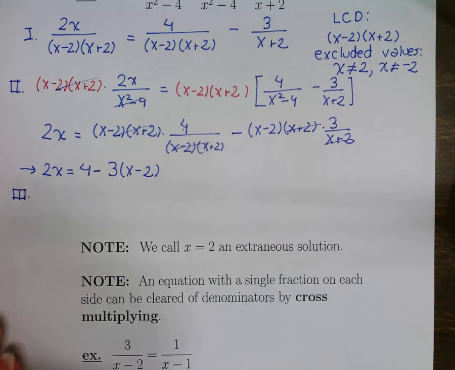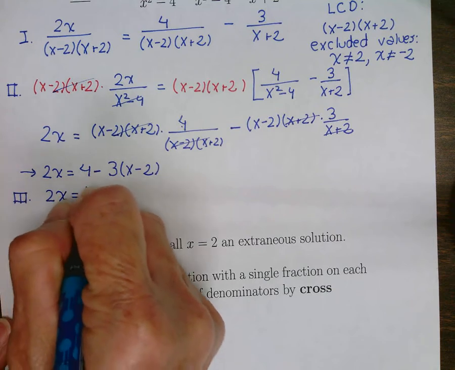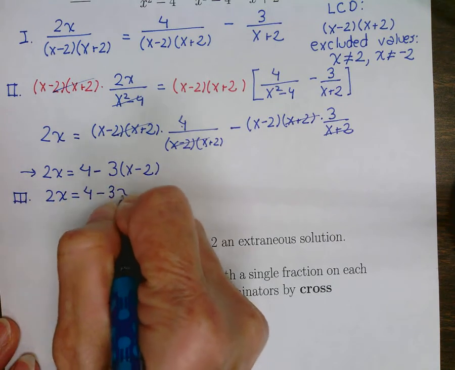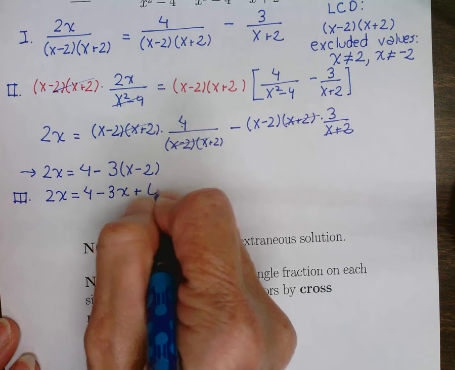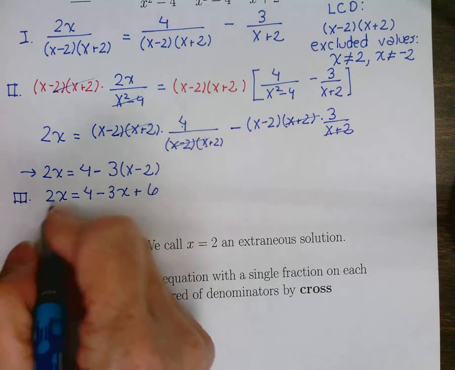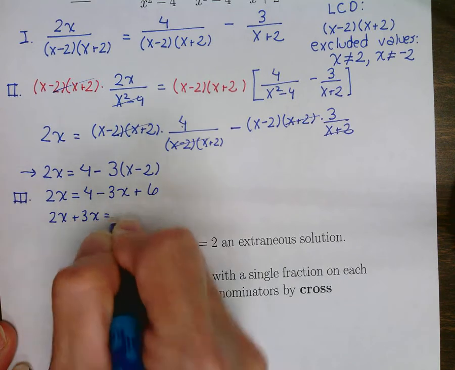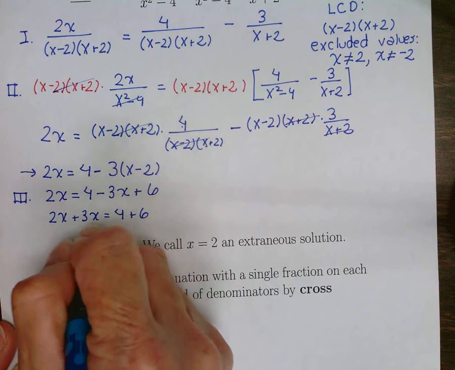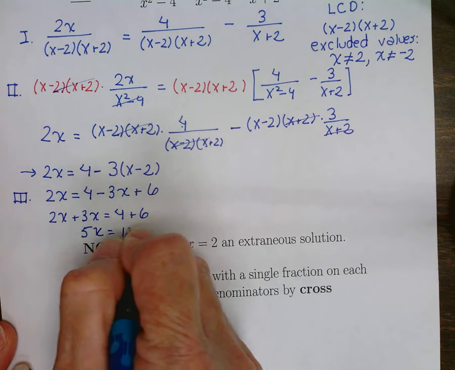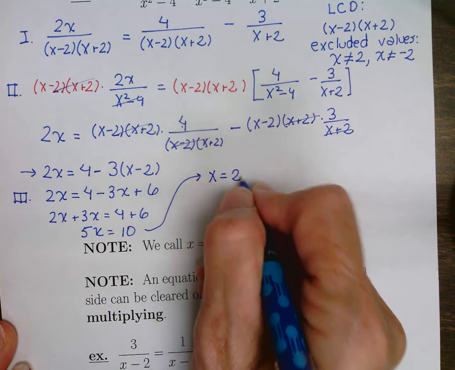So let's check that out. Let's solve it. So 2x equals 4 minus 3x plus 6. Be careful of the algebra there. Combine like terms, bring that over. I get 2x plus 3x equals 4 plus 6. 5x equals 10, and so I get the solution x equals 2.